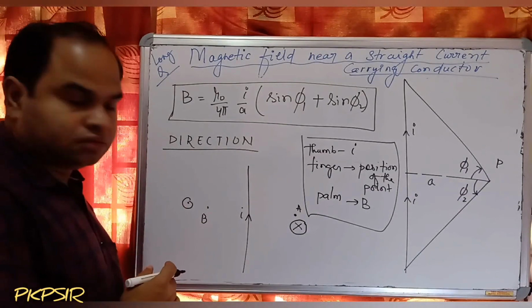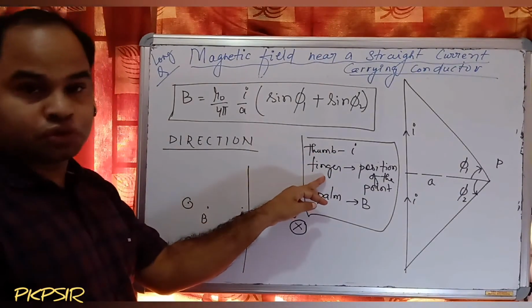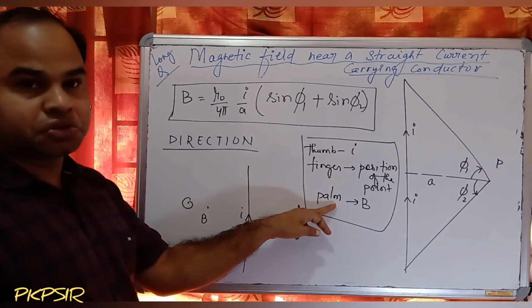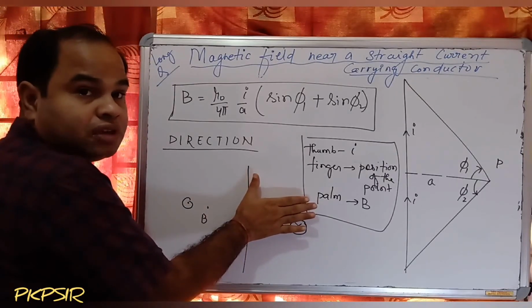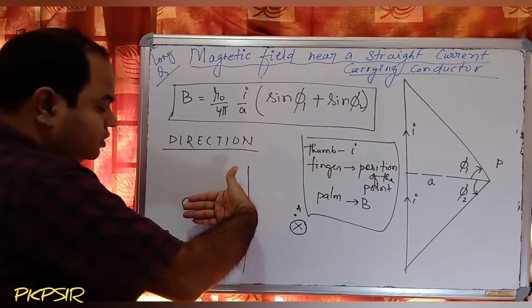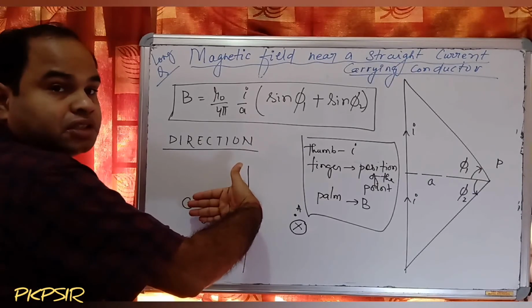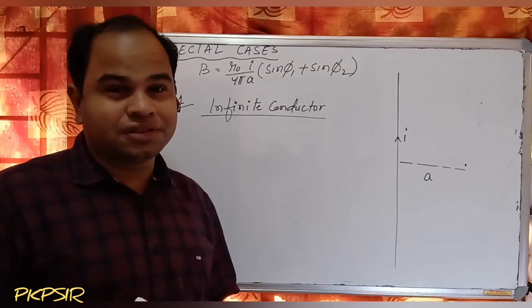The fingers point to the position where we want the magnetic field, and the palm gives the direction of the magnetic field. At position A the direction of the palm is inward, and at position B, with the current upward, the direction of the palm is outward.